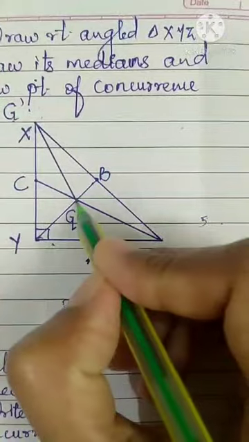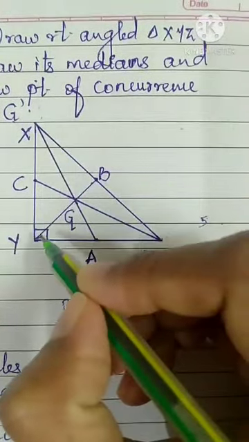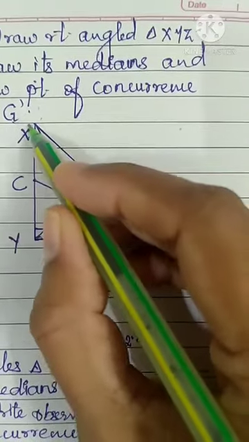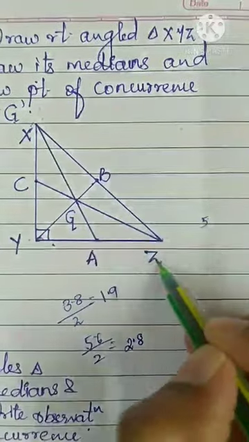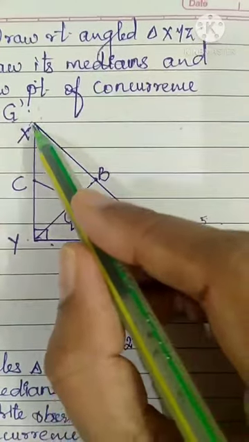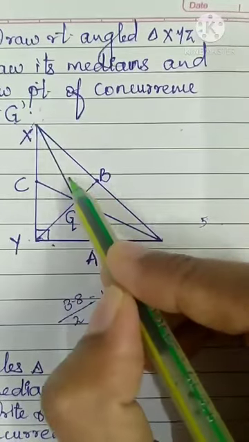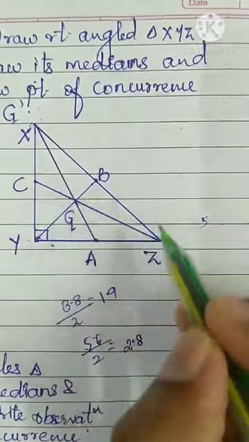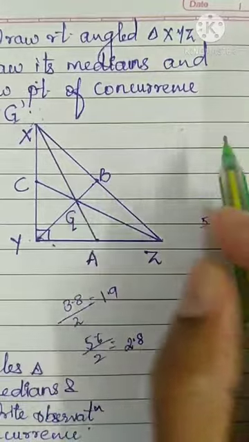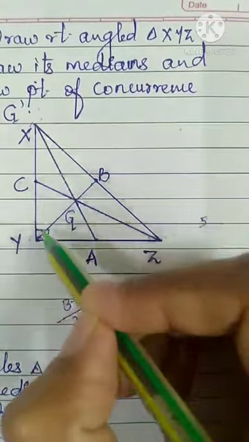For a centroid, there is a property: suppose you measure the length from any vertex, which are the three vertices X, Y and Z. Children, always remember that you have to start from the vertex. That is the clue. Always start from vertex X or vertex Y or vertex Z. That is the rule.